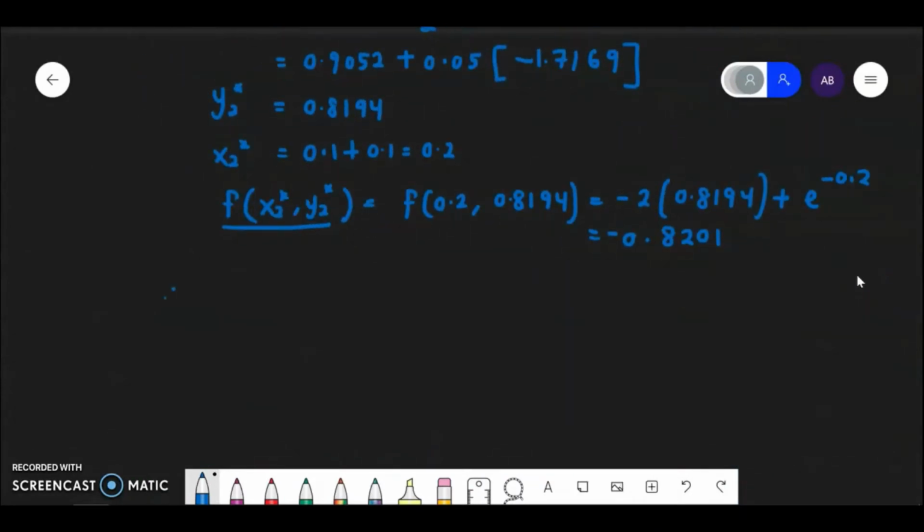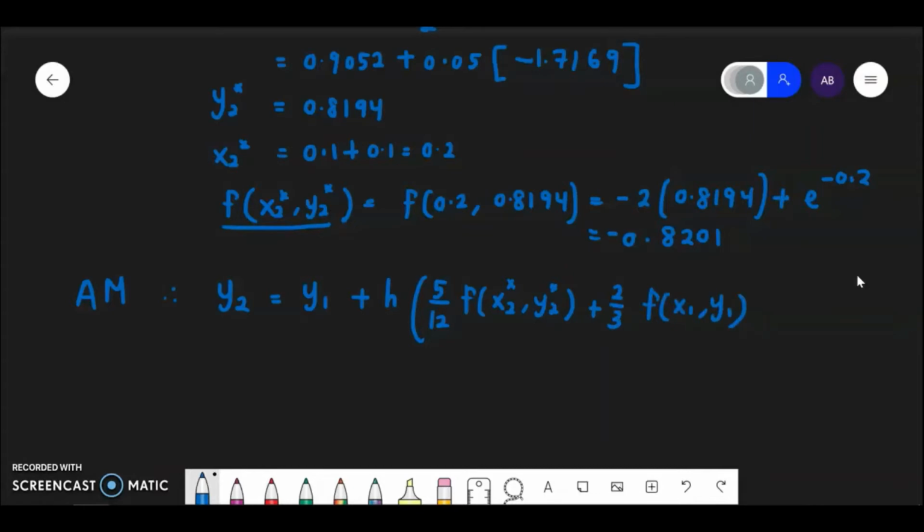So my y2 by Adams-Moulton is given by y1 plus h times 5 over 12 f of x2 star, y2 star. This is the one you predicted using Adams-Bashforth, plus 2 over 3 f of x1, y1. This is the one you obtained by using trapezoidal, and minus 1 over 12 f at the initial.